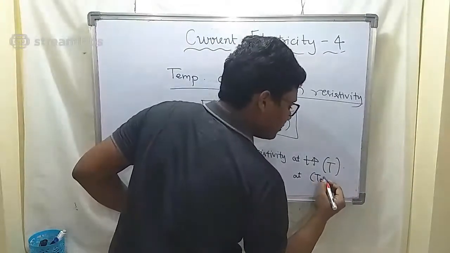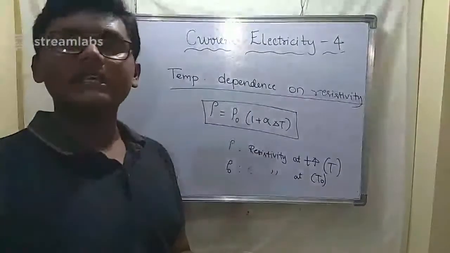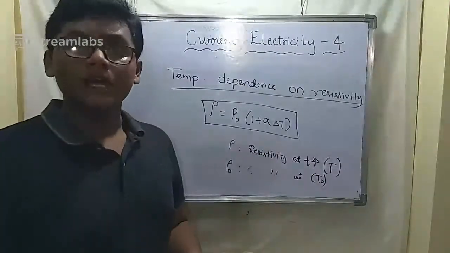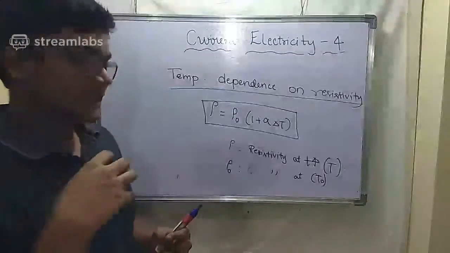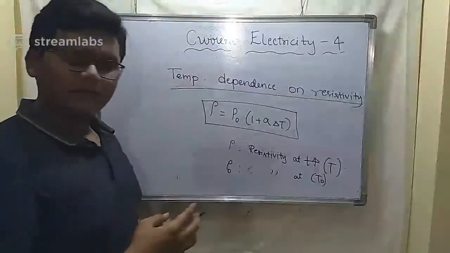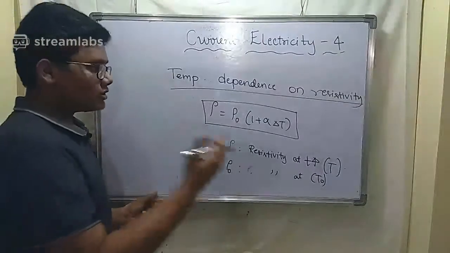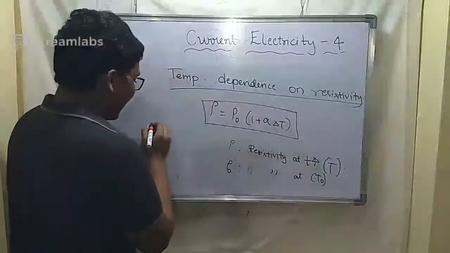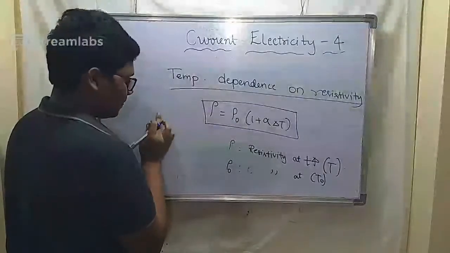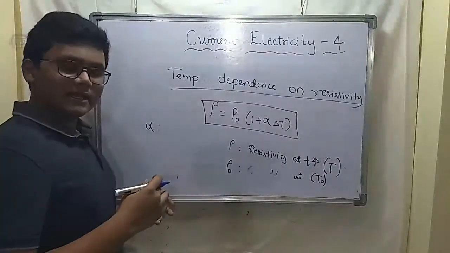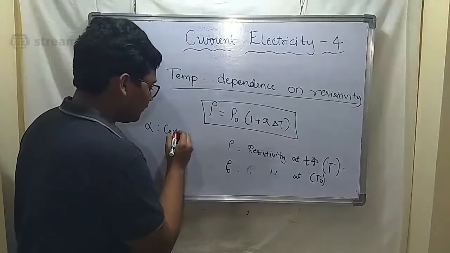We'll take T naught, meaning 0 to 20 degrees Celsius, as the normal temperature, which is mostly given in numericals. And this alpha is not a constant, it's the coefficient of temperature.